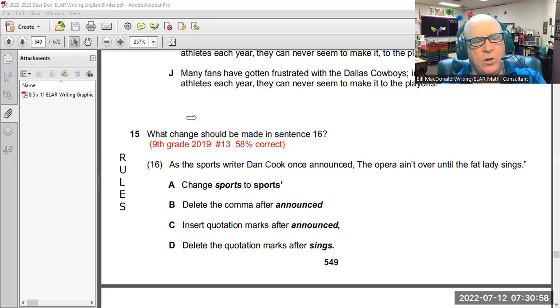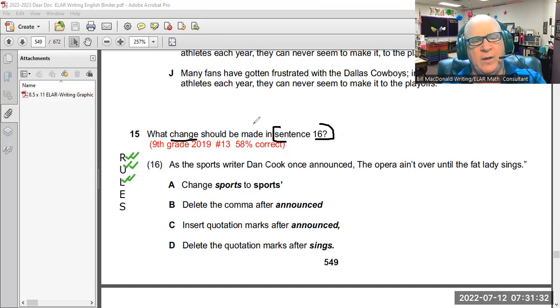So once more, while we're reading in both places, we'll underline in both places and label in both places. So let's go ahead and do that so that we can see what kind of question we have here. What change should be made in sentence, again, a bracket so that we're not underlining periods or commas, sentence 16, singular.